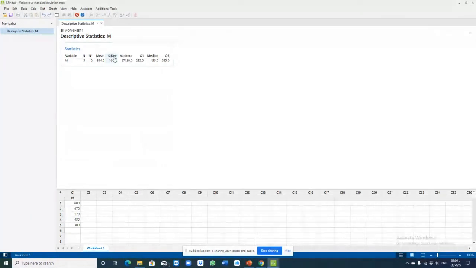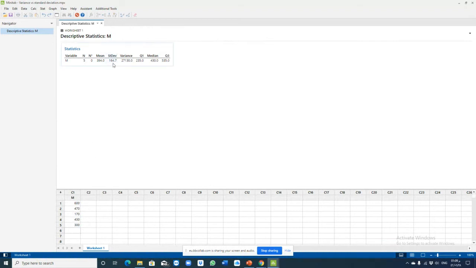The mean is considered to be only an arithmetic average, because as we said, one data point here like the 600 increased the mean to 394, but it doesn't really tell me how the remaining data compares to the mean. The mean can be affected by only one reading.